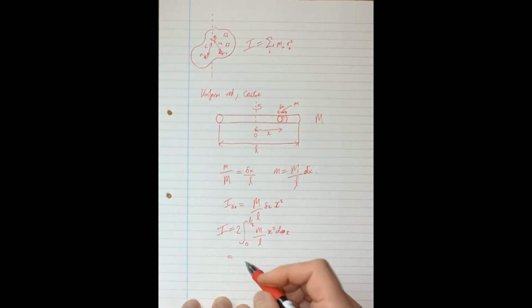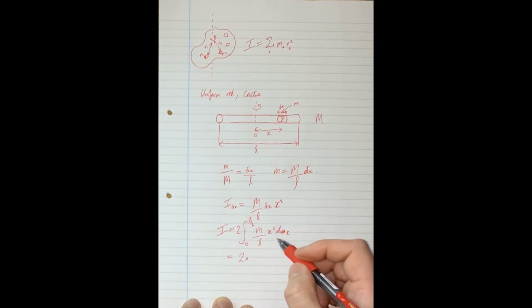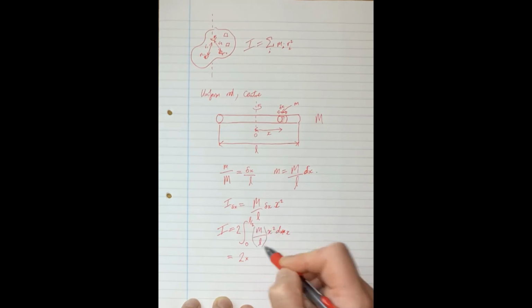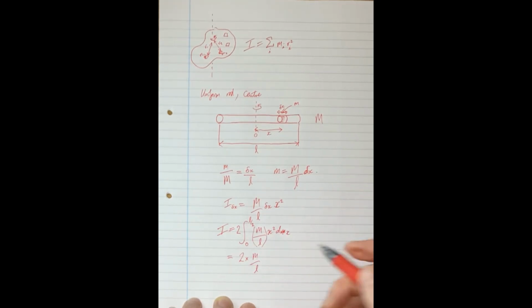Okay, so this is not a discussion about how to integrate, but what we can do is pull out anything that's not in terms of x. M and L are constants and don't change, they're not a function of x, so they can be pulled out, and then it's just the integral from 0 to L over 2 of x squared dx.